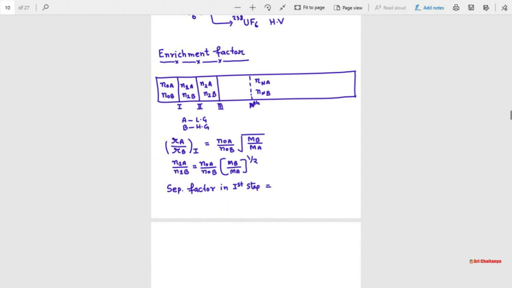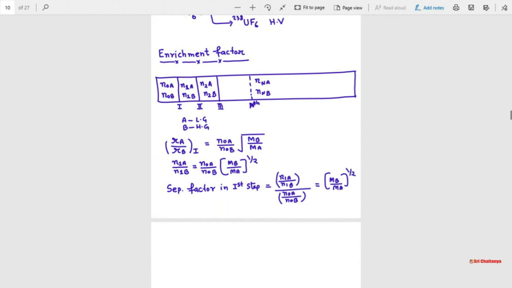It means what is the ratio of number of moles of A and B in the second container upon the ratio of initial number of moles of A and B, N naught A and N naught B. So this is the final mole ratio, this is the initial mole ratio. This is known as the separation factor in a single step, and that is equal to molar mass of B upon molar mass of A to the power half.